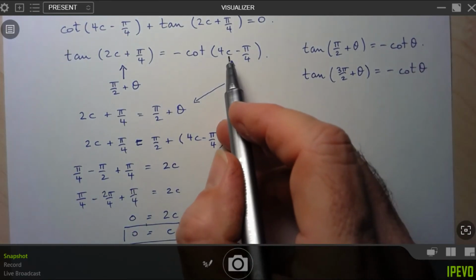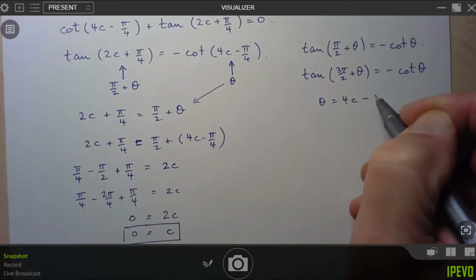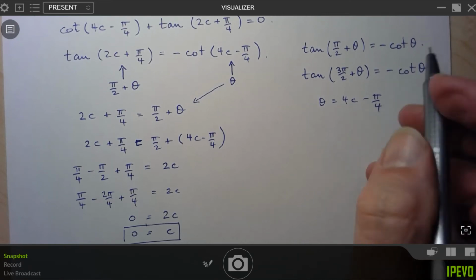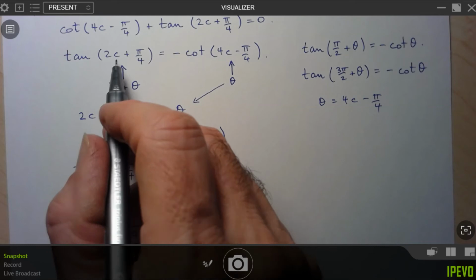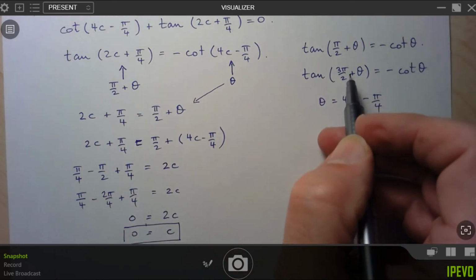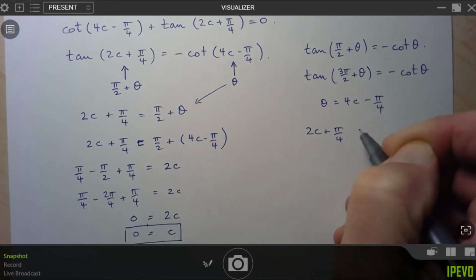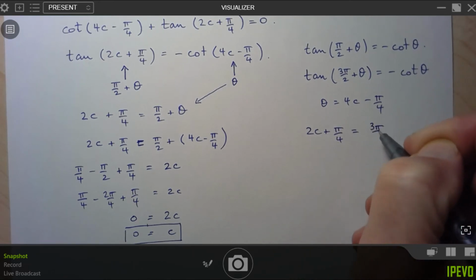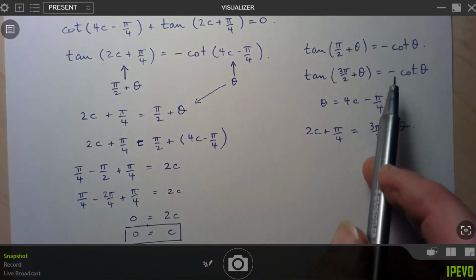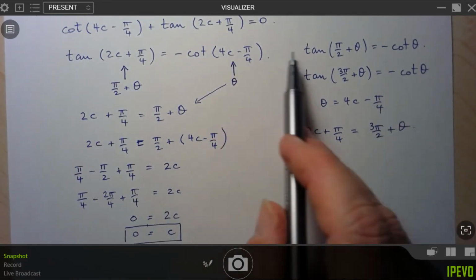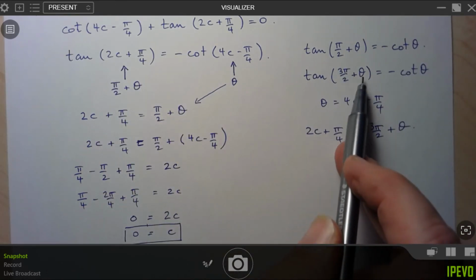I'm going to have theta be equal to 4c minus pi over 4. But in this scenario, that means that 2c plus 4 pi over 4 has to be equal to 3 pi over 2 plus theta. So same argument here: if I choose this angle to be my theta, then this angle must be equal to 3 pi over 2 plus theta.